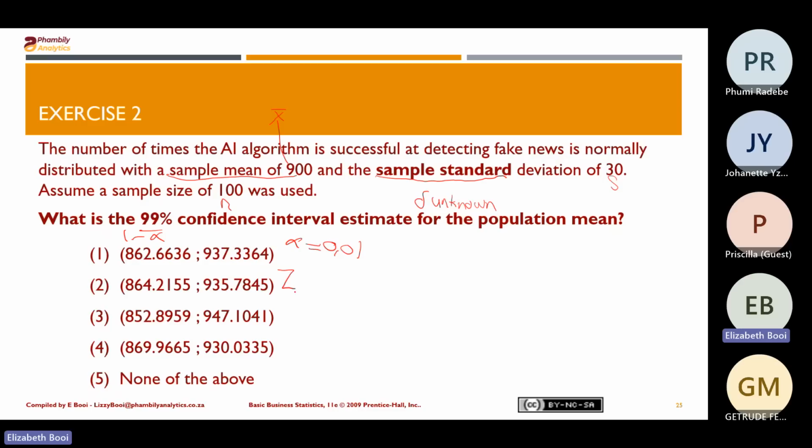To find the critical value, you say Z of alpha divided by 2, which is Z of 0.01 divided by 2, which gives us Z of 0.005.